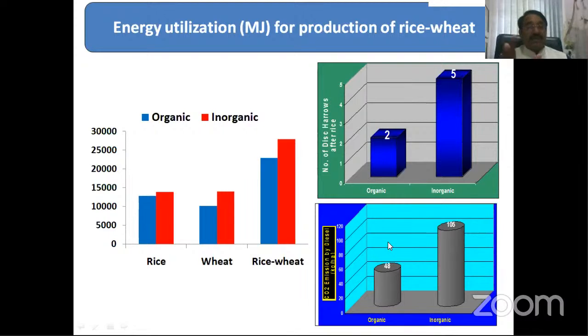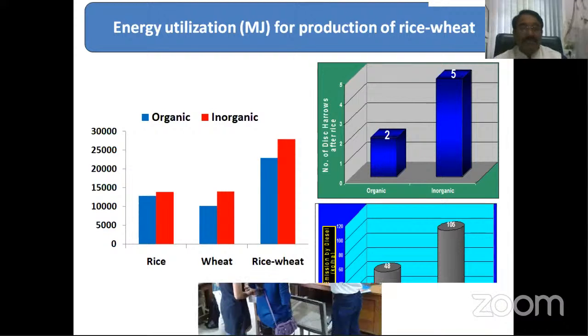Several other examples are there. So the diesel consumption is very low, less than half. One liter of diesel emits about 3 kg of carbon dioxide. So from the energy utilization as well as the ecology point of view, it is very beneficial.